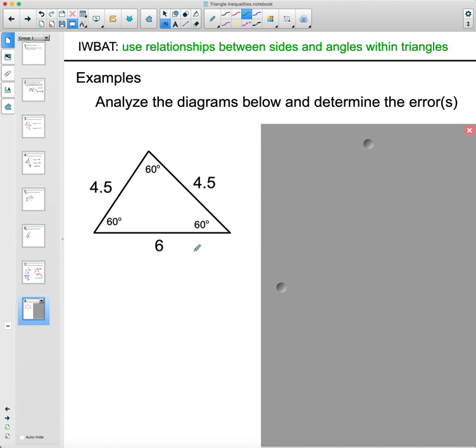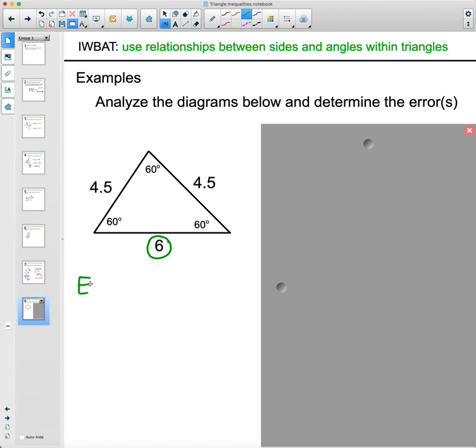Next one, take a look here. Across from the biggest angle, well, in this case, all 3 angles are 60. So all of the angles are the same. That means that all of the sides need to be the same because there isn't a biggest or a smallest angle. So they would all need to be the same, so that's a problem.